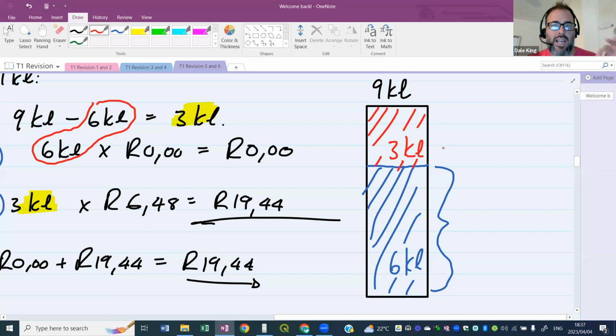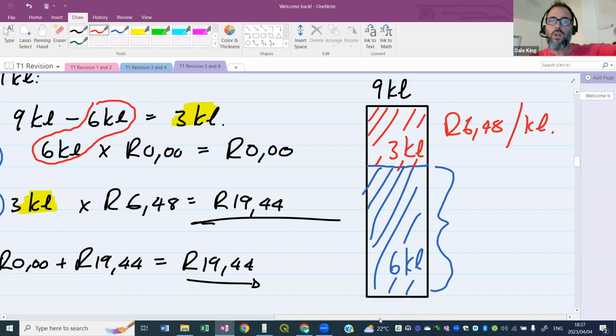So every kiloliter in there is charged at 6 Rand 48 per kiloliter. That's the only part of this water that we really need to pay for. The first 6 kiloliters is free. Everyone has that. So if you don't use more than 6 kiloliters in 1 month, you won't pay for anything.